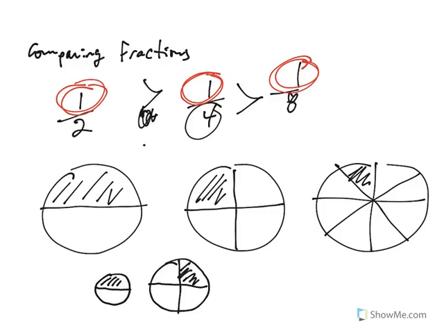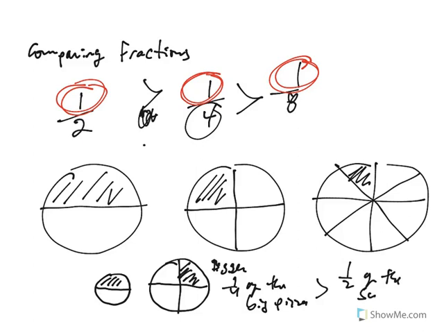And yes, it is possible that even though this is 1/4, it could be bigger. But that doesn't mean that 1/4 is bigger than 1/2. It means that 1/4 of the big pizza is bigger than 1/2 of the small pizza. But that's not a comparison of 1/4 and 1/2.